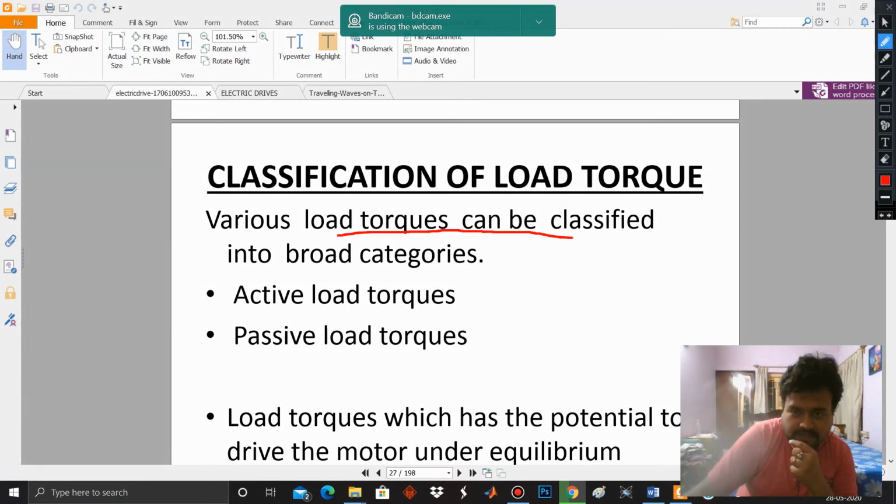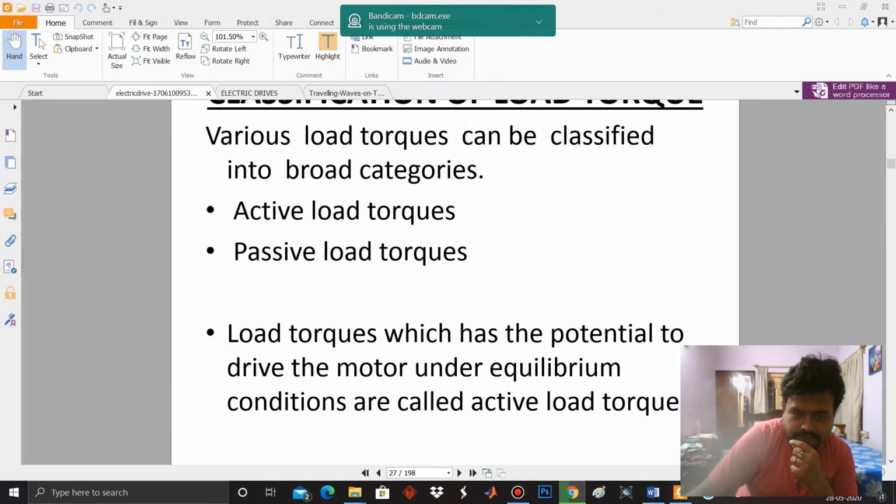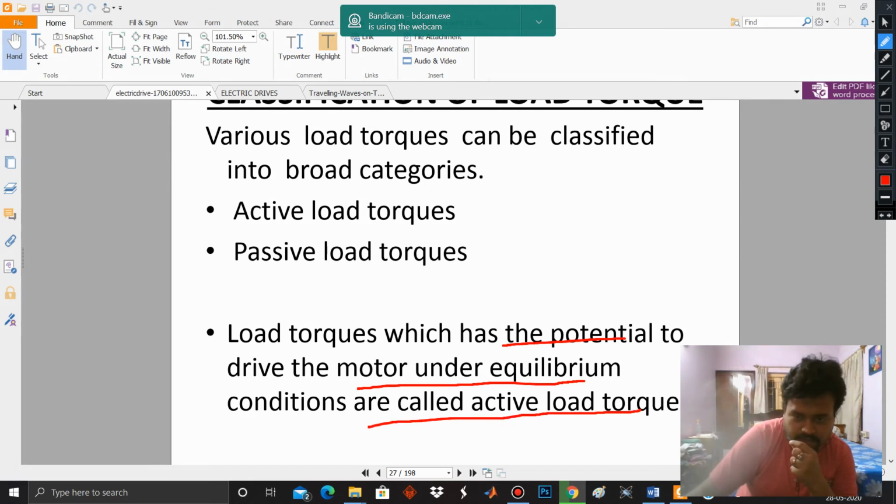So load torques can be classified into broad categories. One is the active load torque and another is the passive load torque. So the load torques which have the potential to drive the motor under equilibrium conditions are called active load torques.